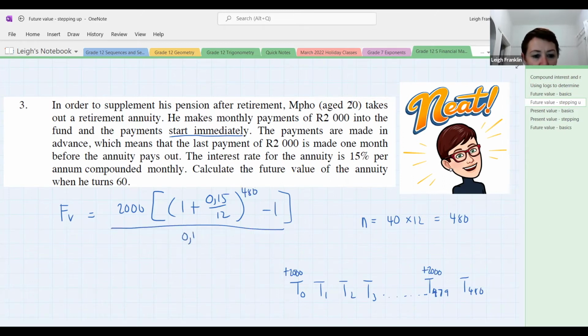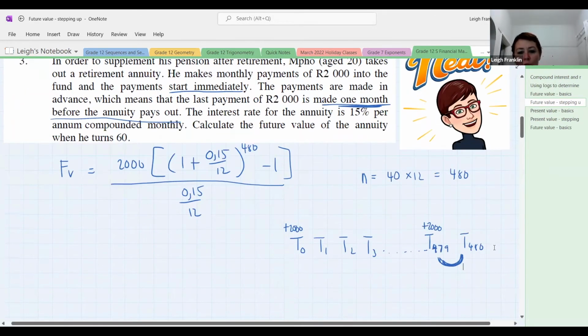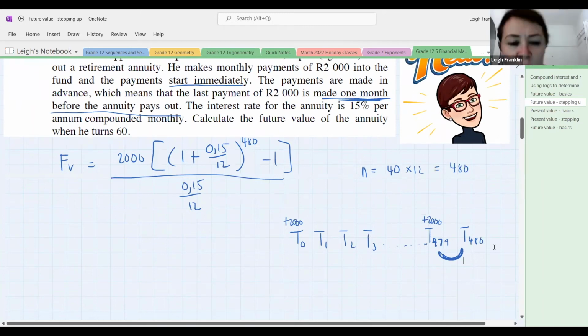But this is not the only thing that happens to the money, because the money stays in the account, and it earns interest for 1 month before it pays out. That's this month over here. That's where it's earning interest from T479 to T480.